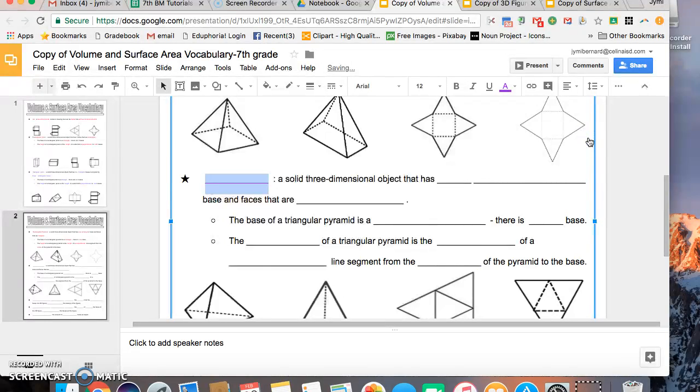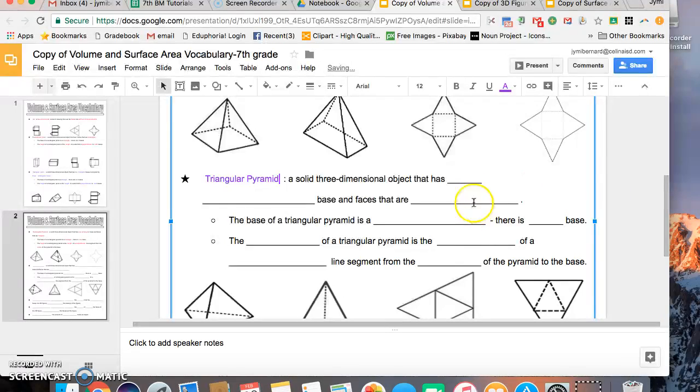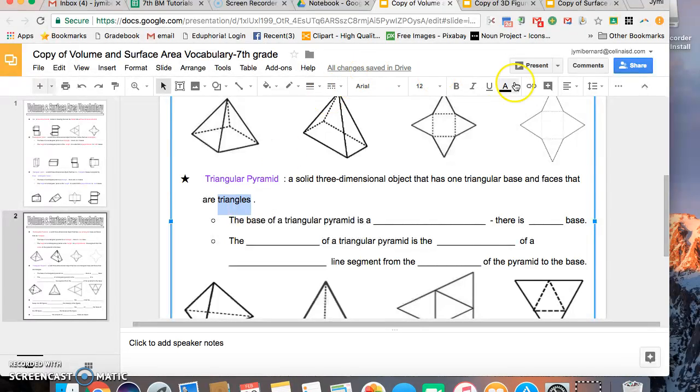And then talking about triangular pyramids. A solid three-dimensional object that has one triangular base and faces that are also triangles. The base of the triangular pyramid is a triangle. There's one base.